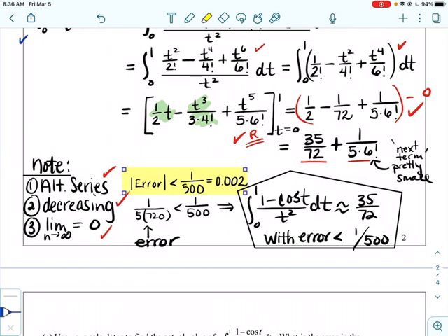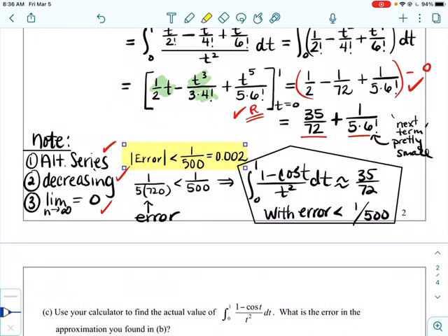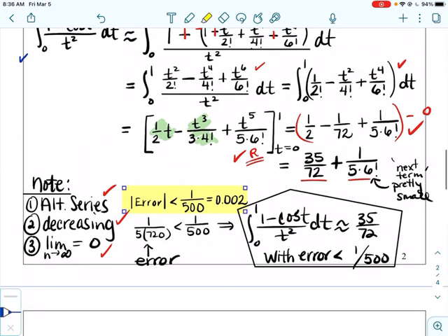Now, I got to get my calculator out to see what that is. I thought I wrote it down here. So 1 over, well, it's definitely less than, I don't really need to calculate it. I know that 1 over 5 times 720, that last term is what that turns out to be. This term here turns out to be equal to this.